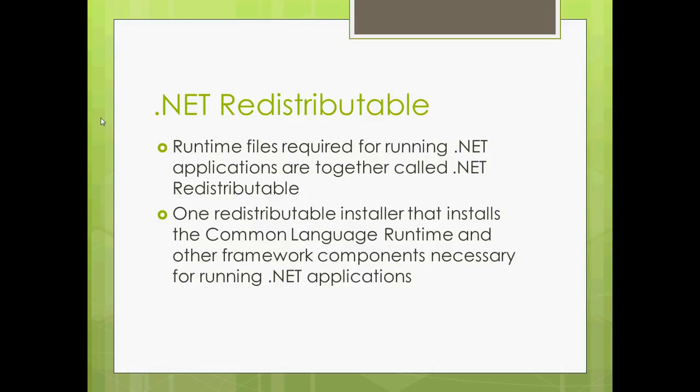It's nothing but a group of runtime files required for running applications. Then you have a single installer, the .NET redistributable installer, that contains the common language runtime and other framework components that are necessary for the applications to run. It's just one single MSI that you can download and run, and once you have run that, your system is ready to run any application that is developed using the .NET framework. That is nothing but .NET redistributable.